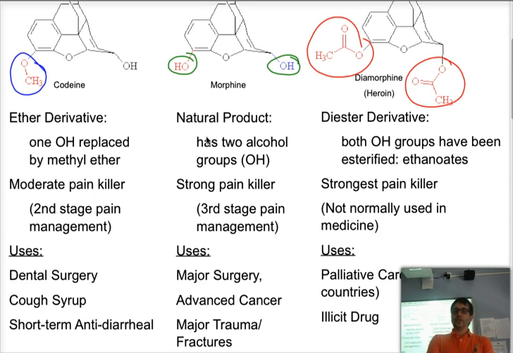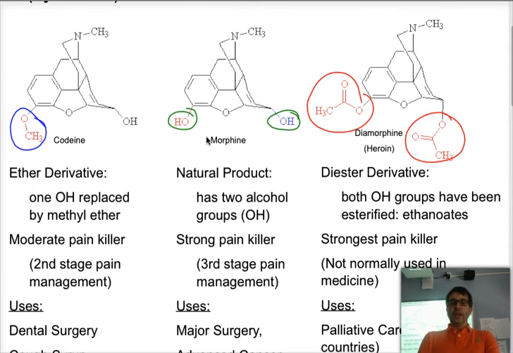It is used for major surgery, people who are suffering from pain of cancer, major trauma, fractures, all of these kinds of things. And then heroin is normally used as an illicit drug, but in some countries it is used in palliative care. Palliative care is when you cannot help a person any longer, but you are minimizing the pain they feel. And so you can actually give these very potent drugs.